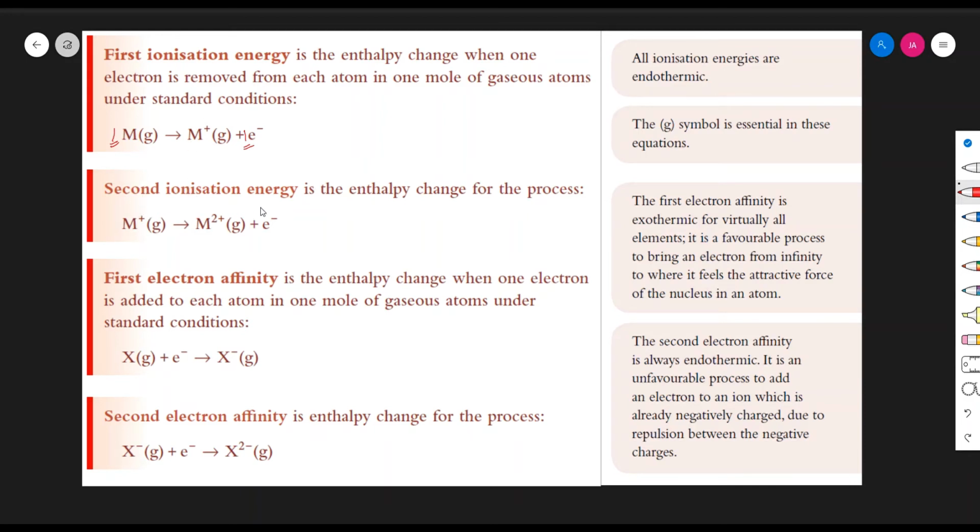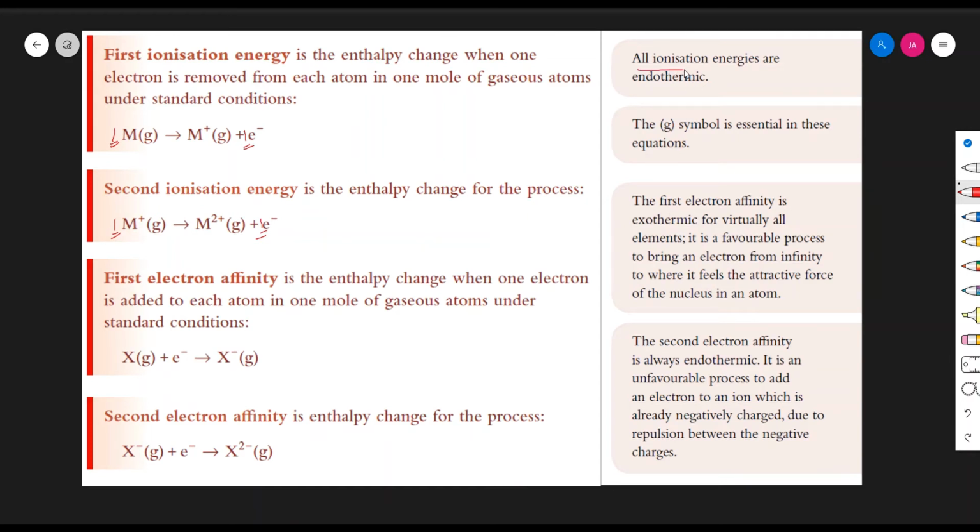The second ionization energy is the enthalpy change when 1 mole of electrons is removed from 1 mole of unipositive gaseous ions to produce 1 mole of dipositive gaseous ions. We've covered these processes in topic 3, and we studied that all ionization energies, whether they are first, second, third, or any other successive ionization energies, are all endothermic processes, as stated here.